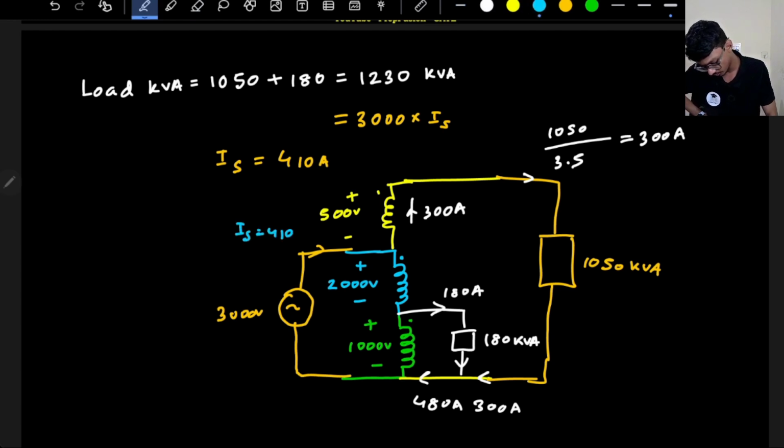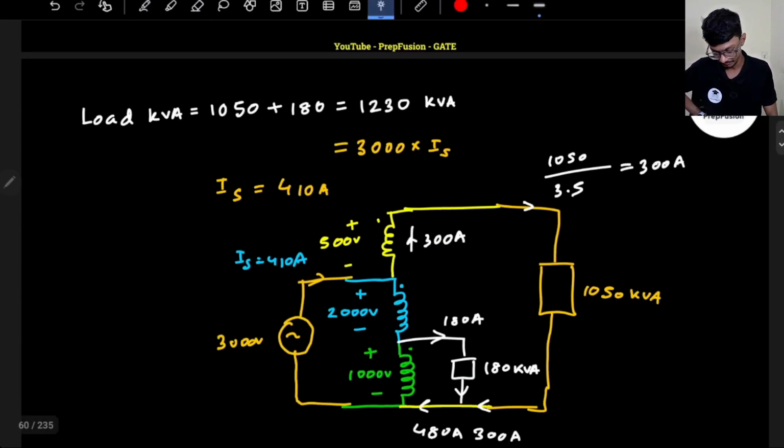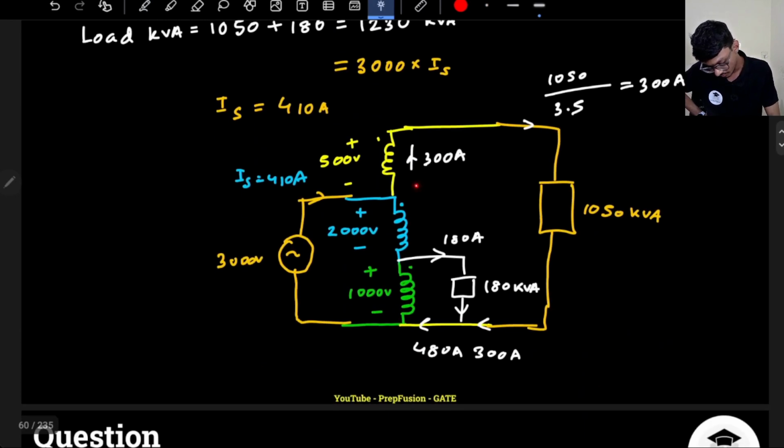So supply current we have already found out, 410. Okay, what about the current flowing through the 2000 volt winding? So from here 300 amperes is going out, from here 410 amperes is coming in. So how much is the remaining current? KCL, simple KCL, right? So from here 110 amperes will go out.